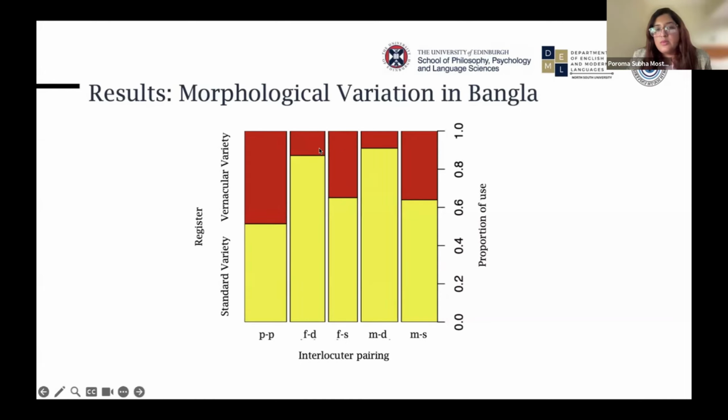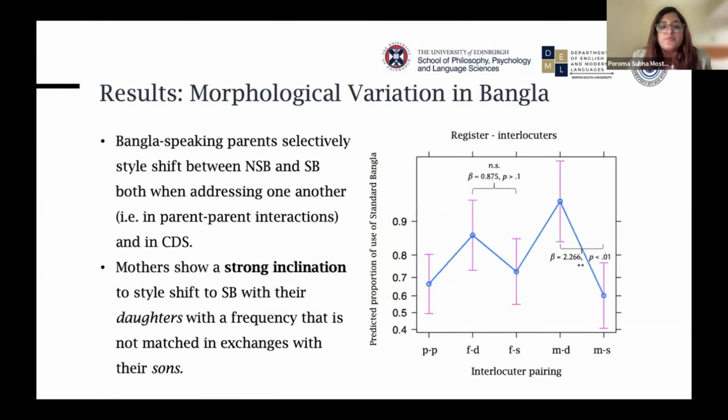And so among all of this, we see that mothers are more prone to use the standard variety, especially with girls, when they're picking varieties in their CDS. Then we also had another interlocutor pairing where we predicted the proportion of use of standard Bangla.